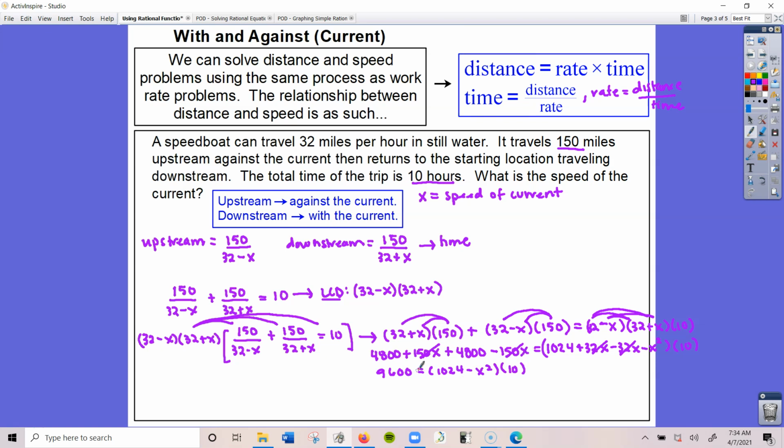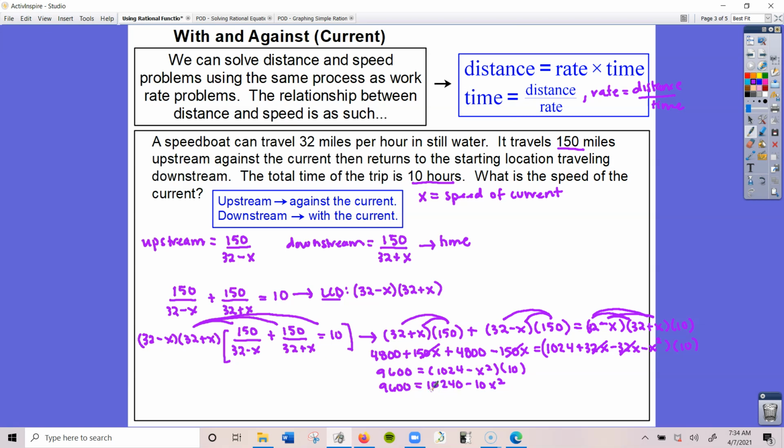So now we can distribute the 10. So we get 9,600 is equal to 10,240 minus 10x squared. Now this is a quadratic, however, it is by itself, so we can just solve for x by subtracting, dividing by -10, and then square rooting.